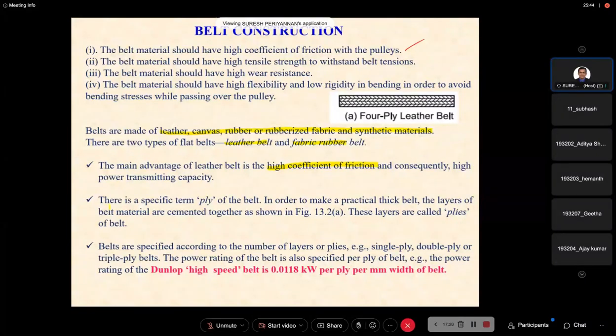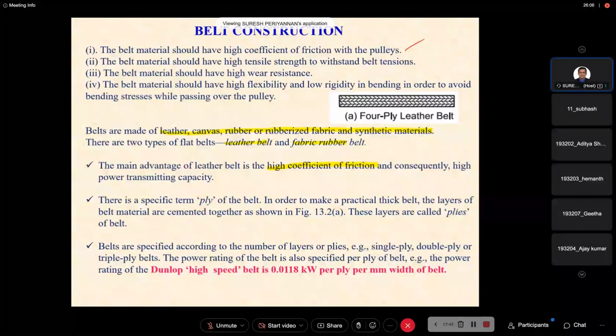Now there is a specific term we are using: ply. Practically, we increase the thickness of the belt by increasing the layers of leather or fabric. Adding the layers to increase the thickness is called plies.